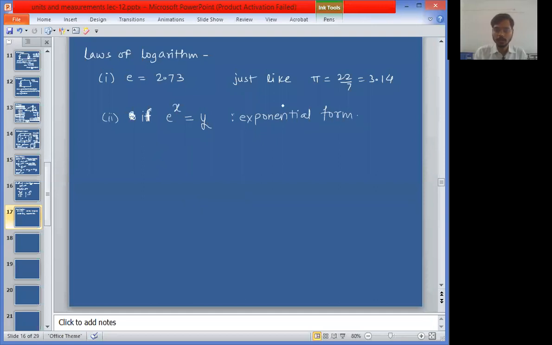Okay, this exponential form can be converted into logarithmic form. Just keep on listening and keep on writing. So for that, you can write x is equal to log of y to the base e.